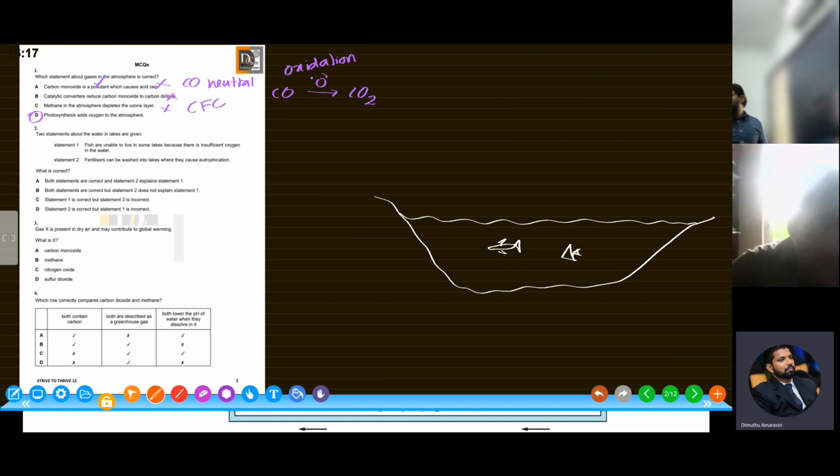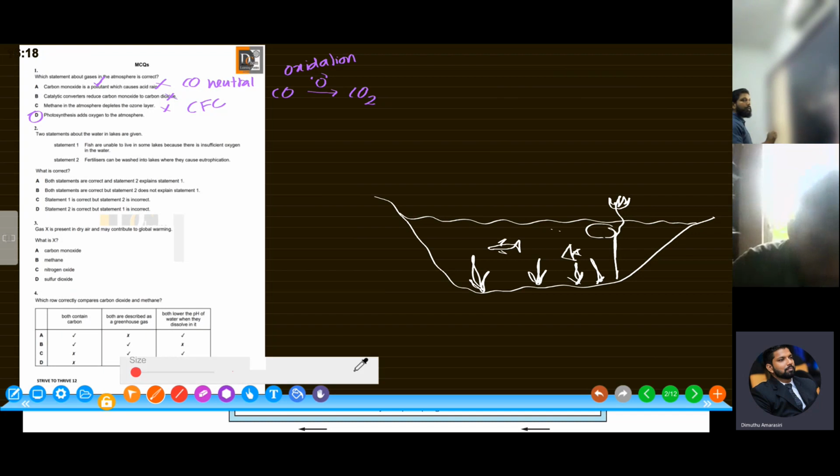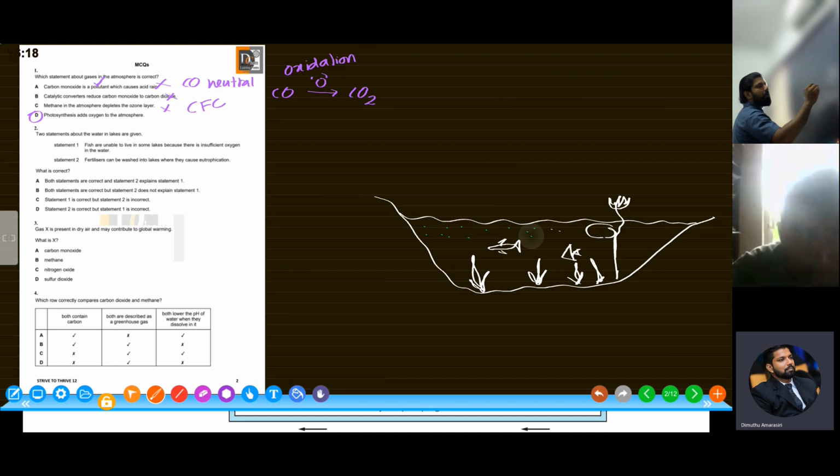Then we have nice submerged plants and some floating plants, flowers, and some algae, a bit of algae, planktons. So it is a well balanced system. The materials inside are balanced in a cyclic process.